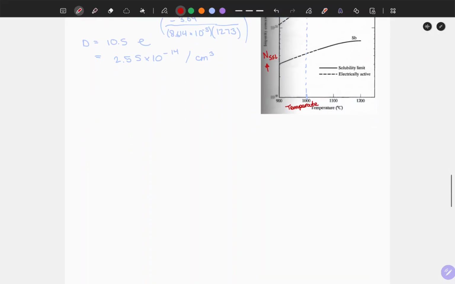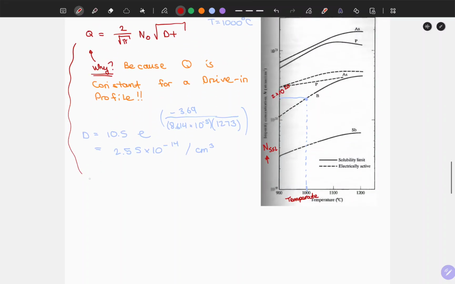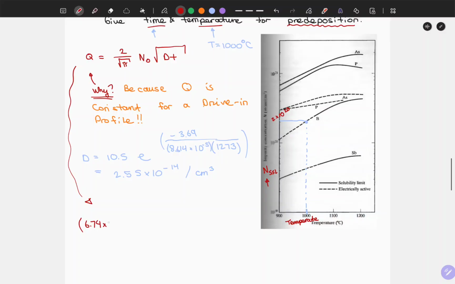So now we actually can connect everything together, plug this equation with all our known values. So Q we have solved to be 6.74 times 10 to the 14th. And that's equal to 2 over square root of pi. And we have to use the updated value from here, which is 2 times 10 to the 20th.